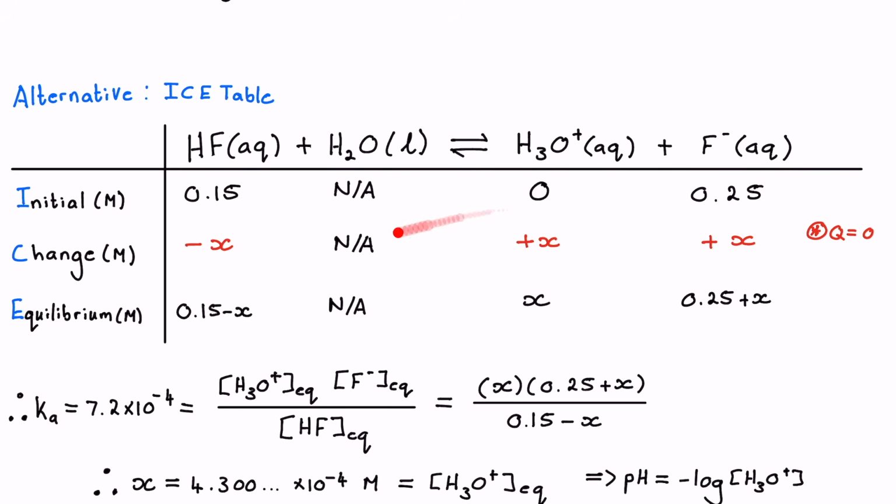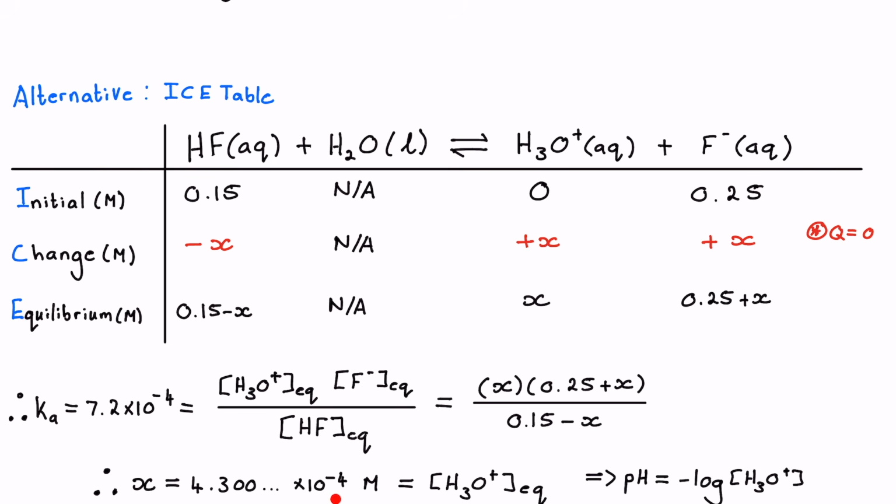Then you use the Ka of your acid, set up your Ka expression, and substitute in your equilibrium values as you normally would. Then you solve for X. You can apply an approximation if the Ka value is small enough. In this case, I don't think it's small enough, so I just do a normal quadratic and solve for X, choosing the appropriate value.